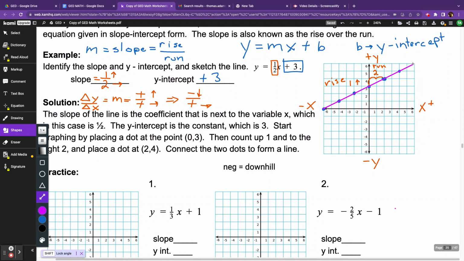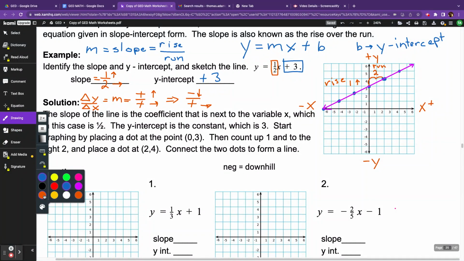And that's how you graph. And that represents the graph y equals 1/2 x plus 3.